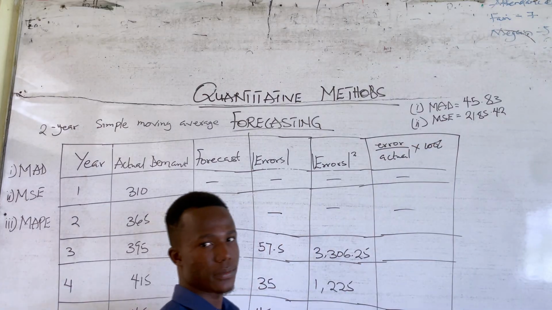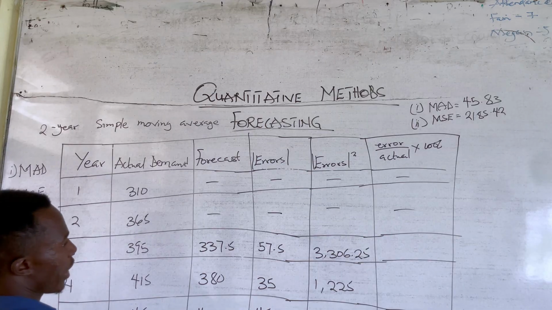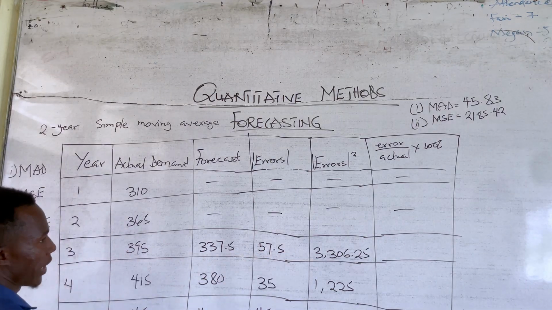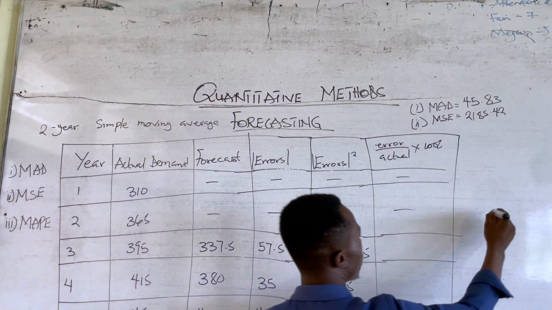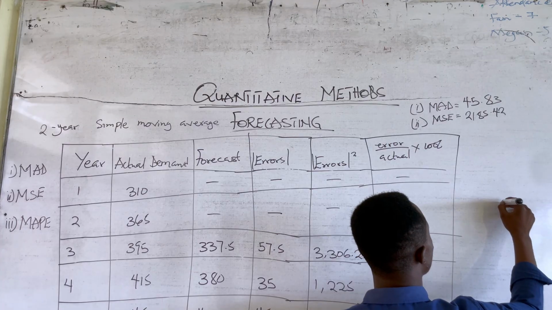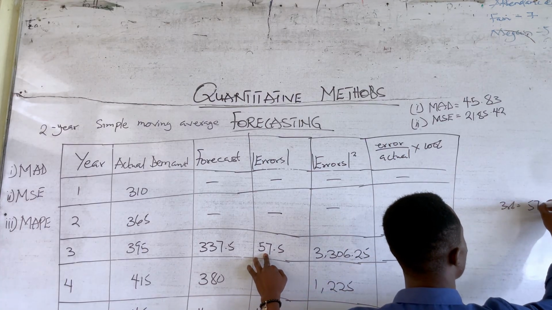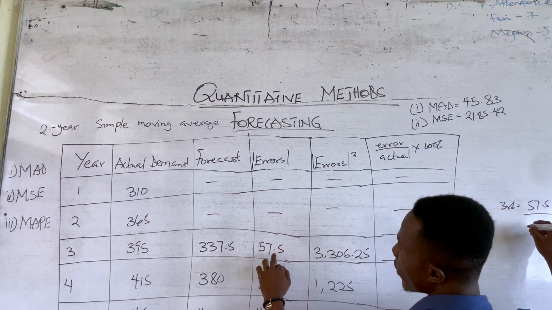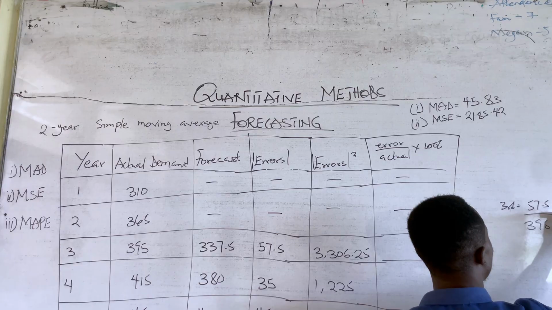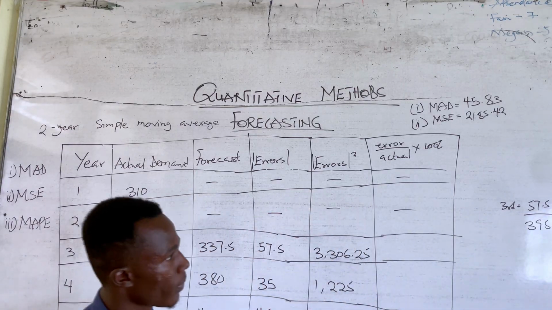Okay, right. Yeah, so the third year we have what? The error, which is 57.5 over 395. So this is the third year. So the error is 57.5 over 395 times 100%. Okay.